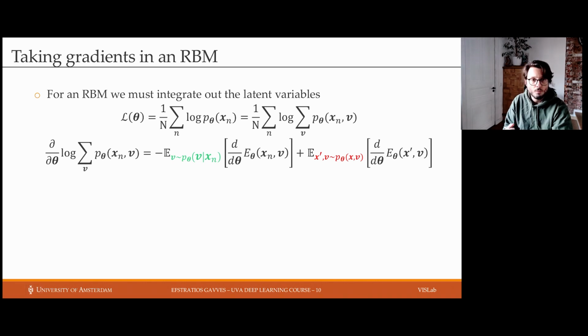Putting this more into the RBM context, if you have an RBM, we have latent variables. This means that our logarithm here has to integrate out all the latent variables. And then by repeating the same process, we obtain a very similar quantity.